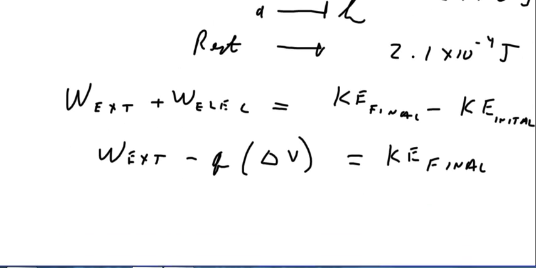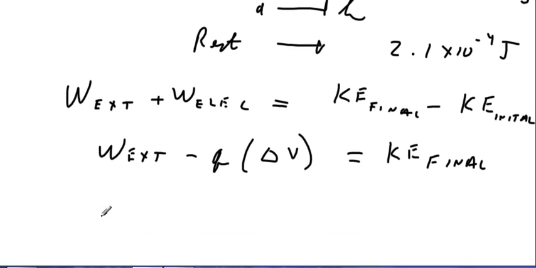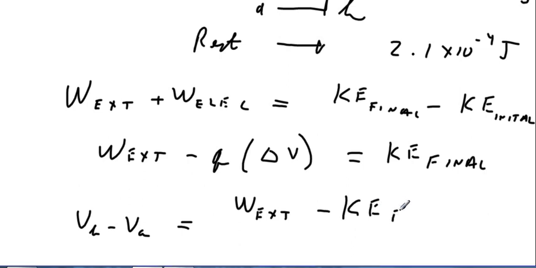So the voltage difference, the voltage between B and A, has to be the work external minus the kinetic energy final divided by Q.